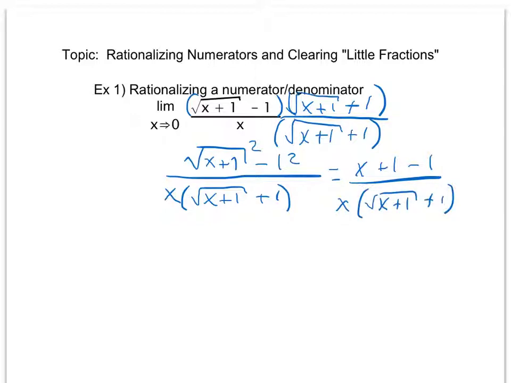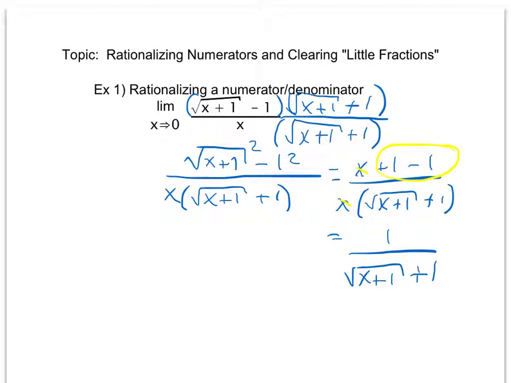Well, notice that that allows me to combine my 1 and minus 1. They're going to combine to be 0, and I'm going to be left with x over x. Those are going to reduce then, leaving me with 1, because I have to have something on top, over the square root of x plus 1 plus 1.